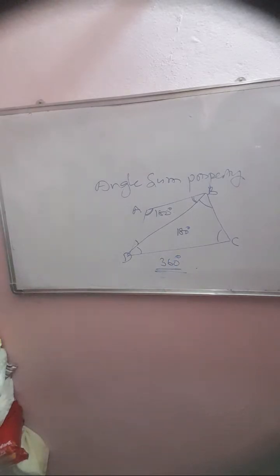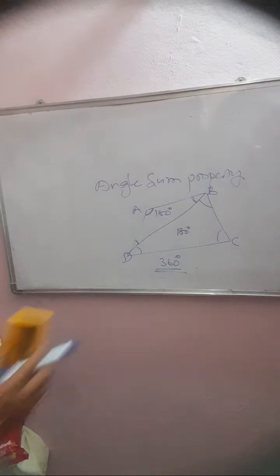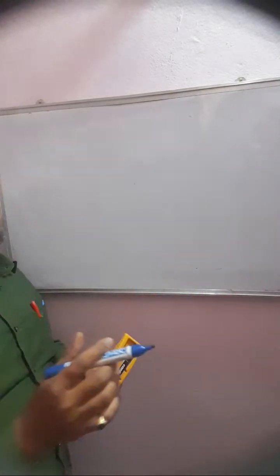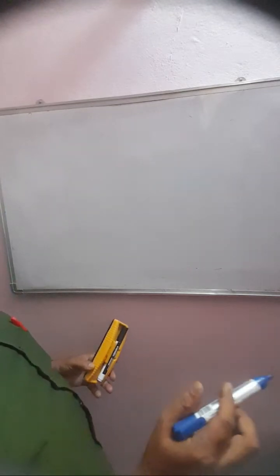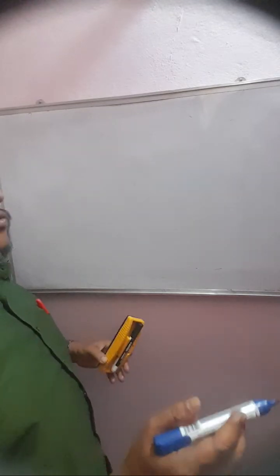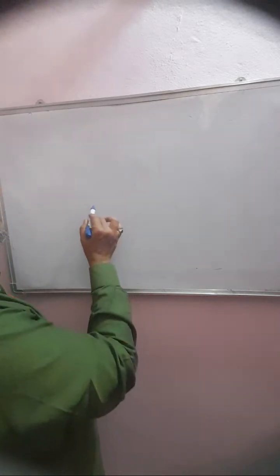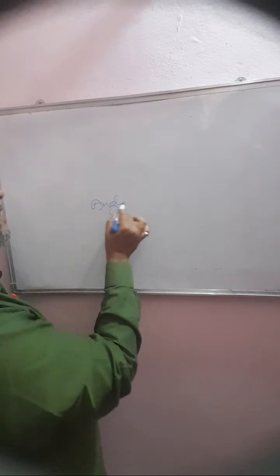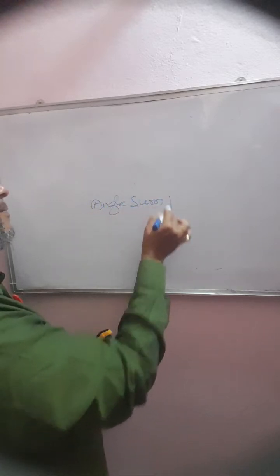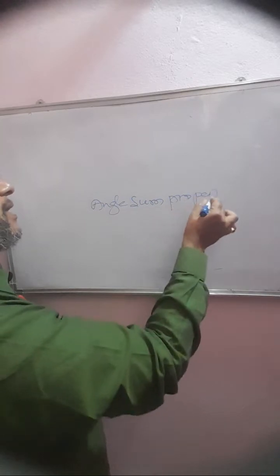So in any quadrilateral, the sum of the four angles is equal to 360 degrees. With this, you can complete the first exercise problem. In the first exercise in 7th class, we just name the quadrilateral and find the angles.